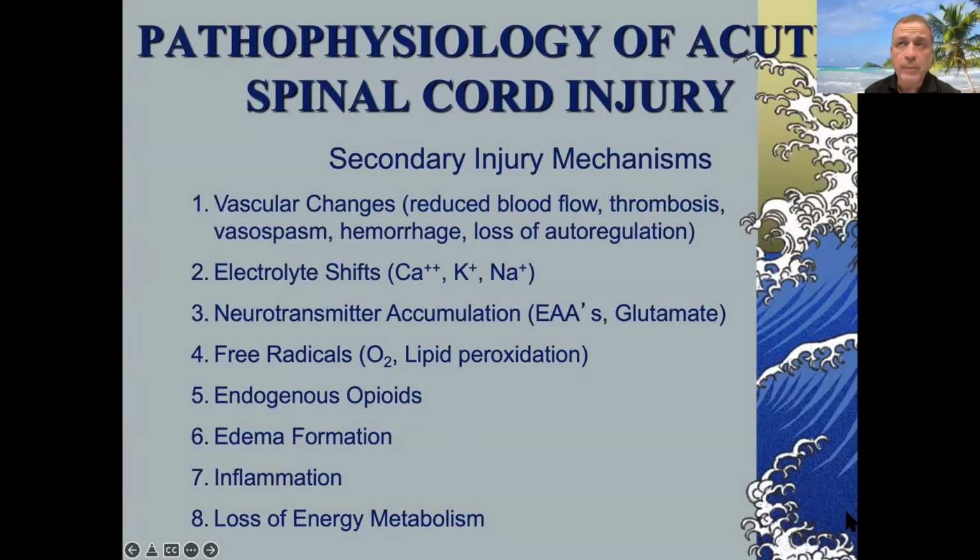When you look at a microscopic level, the secondary injury mechanisms are listed above. I'm not going to list every single one of them, but edema formation, vascular changes, electrolyte shifts, and free radicals are important, and some of the secondary injury treatments or neuroprotective strategies target these secondary injury mechanisms.